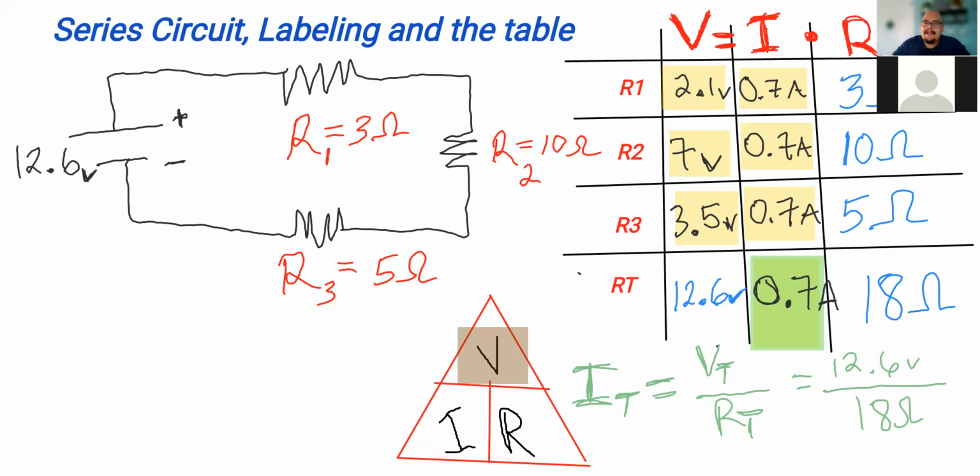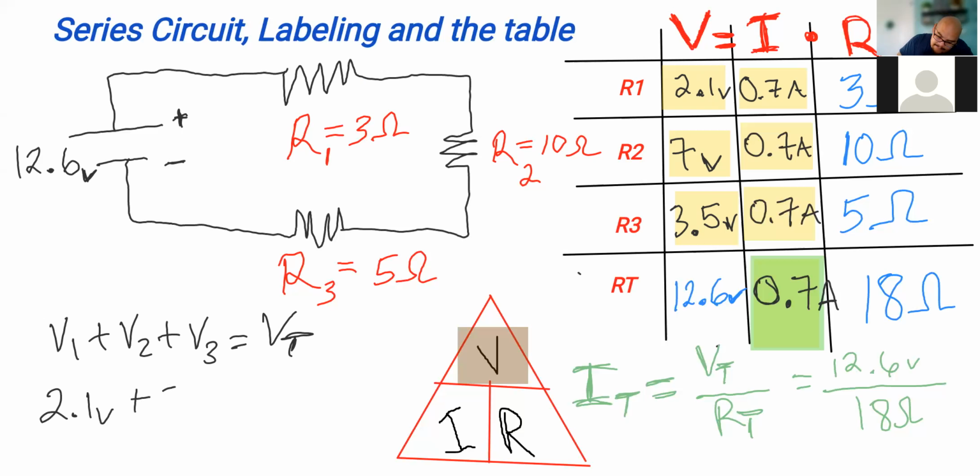Now, how do we check that our work is correct? If we were to add the voltages, V1 plus V2 plus V3, that better give us VT, right? Here on the left. So V1 was 2.1, V2 was 7, V3 was 3.5.